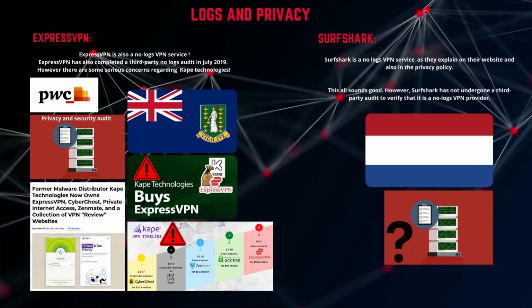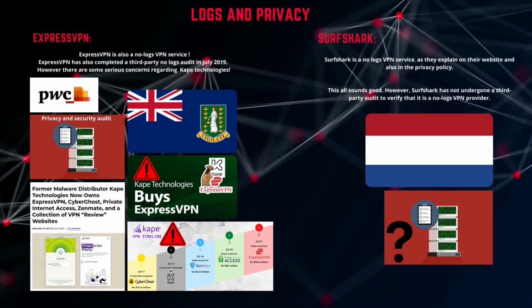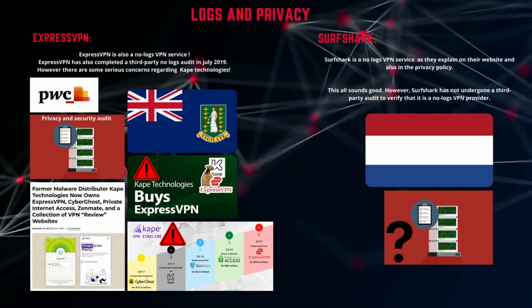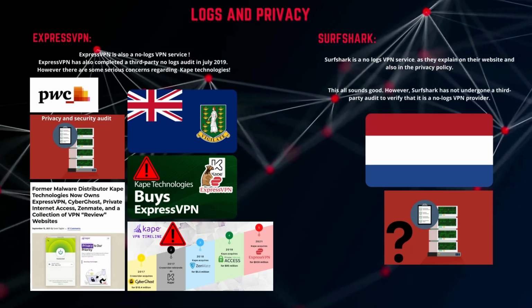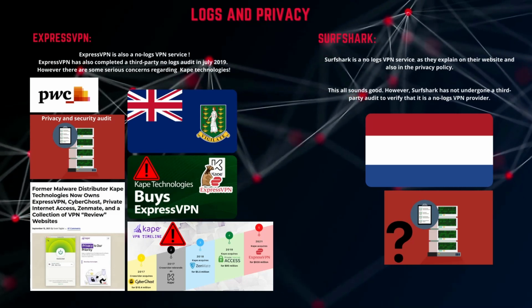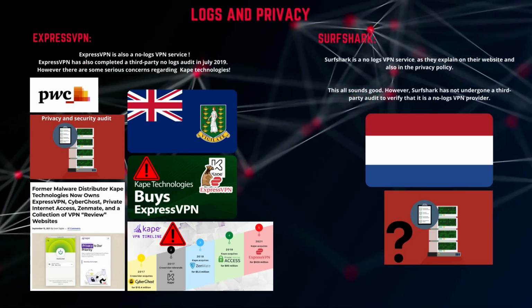Today, Cape is a major player in the VPN industry, owning 4 VPN services and a collection of VPN review websites. Ultimately, we consider this to be a major strike against Express in the trust and privacy category. Another important consideration with privacy is where the VPN is legally located, its jurisdiction.